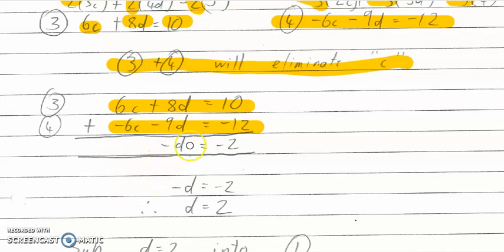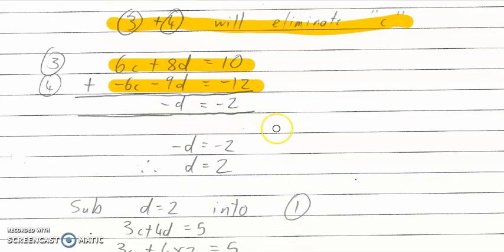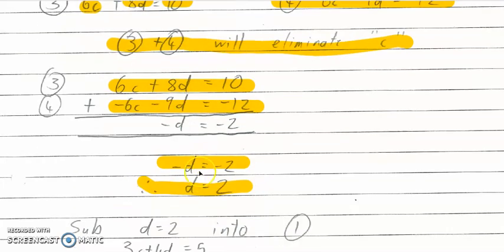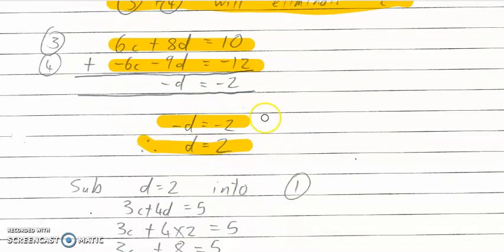So I'm left with negative d equals negative 2, which I've written there. If I know that negative d equals negative 2, well then logically positive d is positive 2. So it took a while, but I have found that d equals 2.